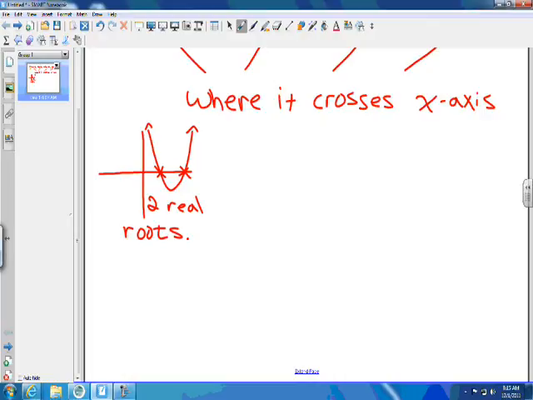Doesn't matter which way we say it. We know what we're talking about is where it's crossing. So your answer to this question may be 1 and 4. I don't know, just kind of where they look like they might be crossing. So that would be your final answer to the question. Where is it crossing? It crosses where x equals 1 and 4.